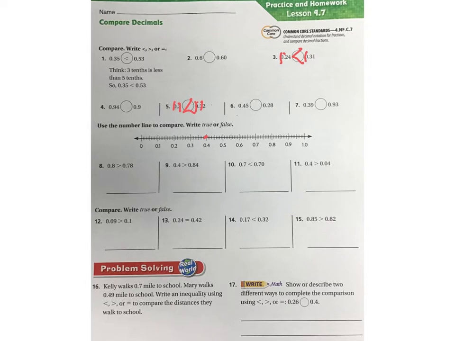And then 84 hundredths. Well, in 84 hundredths, I know 8 is in the tenths place. So I'm going to find 8 in the tenths place on the number line. And it's going to be just before 85, right? So there's 8 in the tenths place, and 84 would be right there.